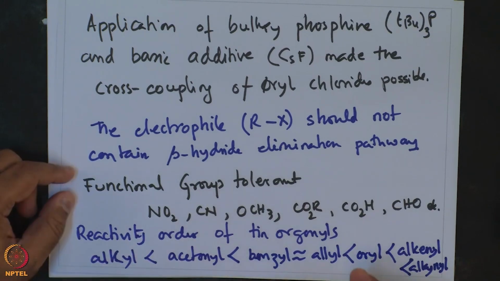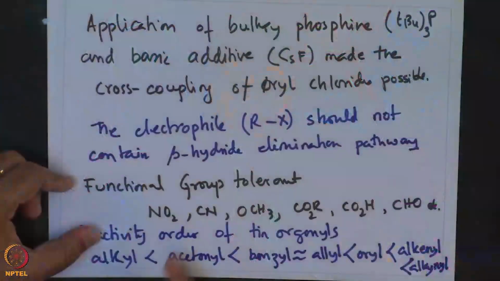Now, this trend sort of resembles the more carbanionic nature of the organyl which is bound to the tin. For example, alkyl is an sp3 carbon attached to the tin, alkenyl and aryl are sp2, and alkynyl is an sp carbon attached to the tin.